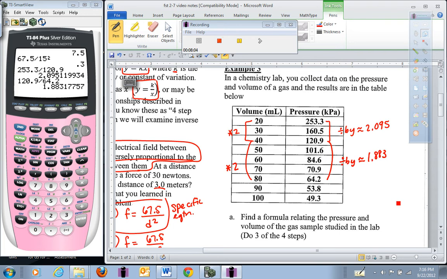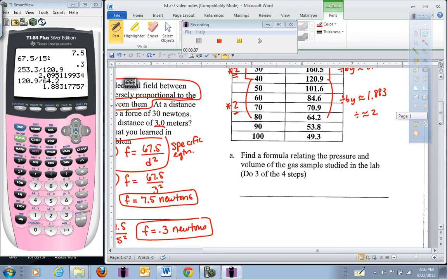So remember, if we're multiplying on this side but we're dividing on this side, that's an inverse relationship. These are about 2 because I chose things that were times 2 over here. This one's a little bigger, this one's a little smaller. So if we're multiplying by 2 here and dividing by about 2 over here, then that is an inverse relationship. It's not inversely as a square, it's just varying inversely.